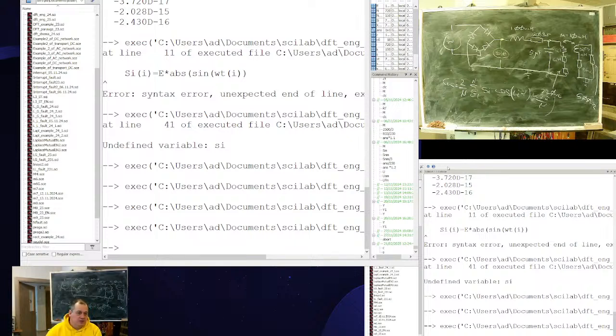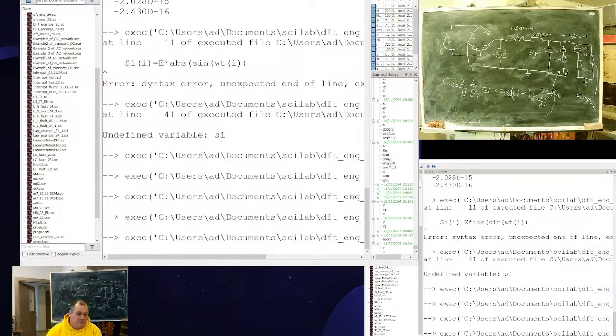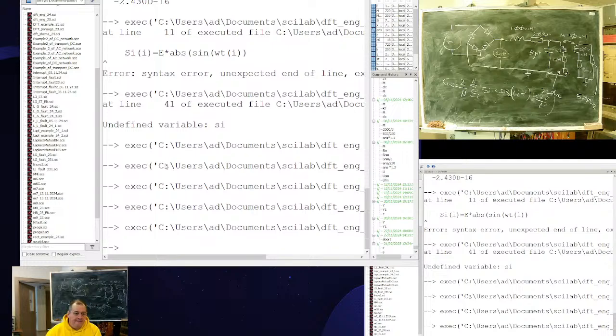Machine, do it. 250. There is a big difference.